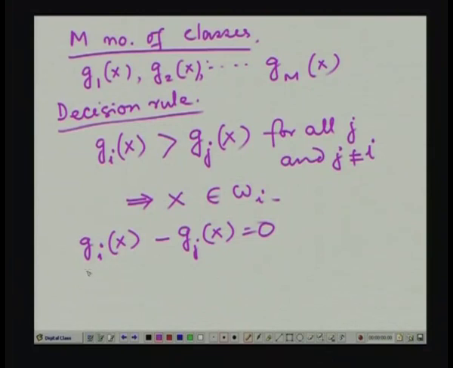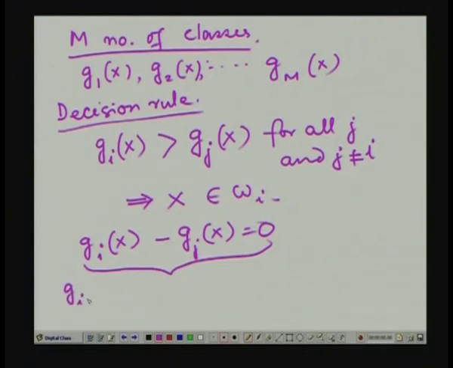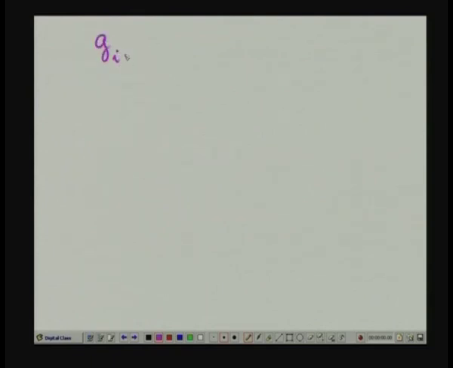And the usual practice is that you design a discriminant function for every pair of classes. That means, we design g i j x, which is nothing but g i x minus g j x. And here you find that for a feature vector x, if g i j x is greater than 0, this clearly says that I must have g i x greater than g j x.